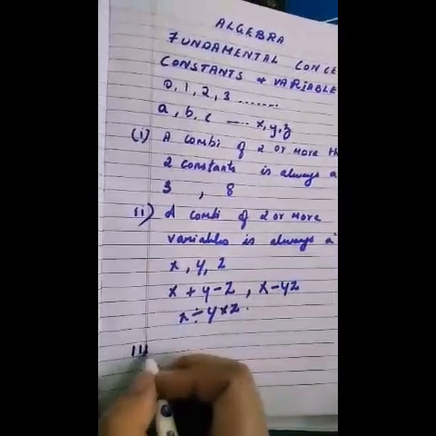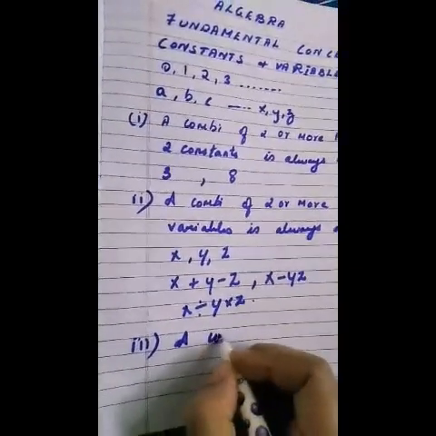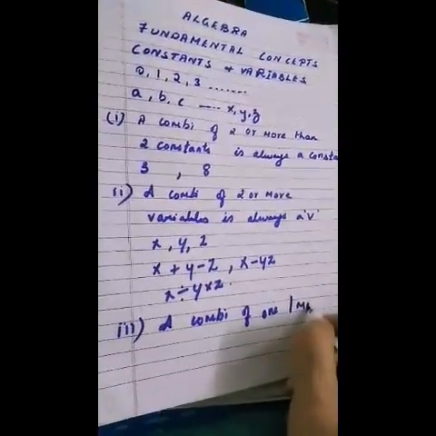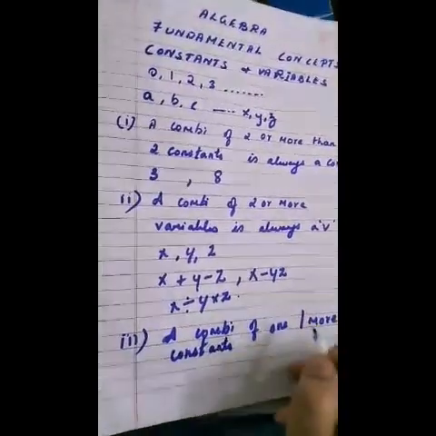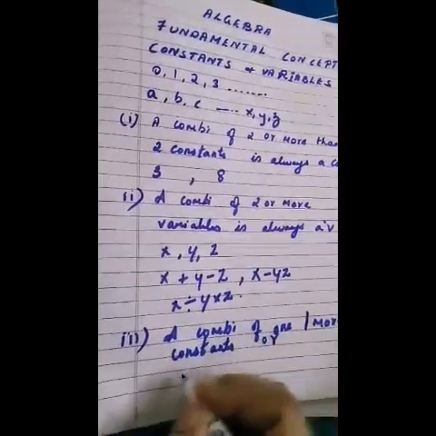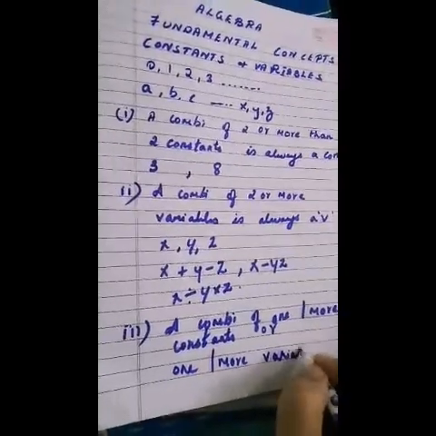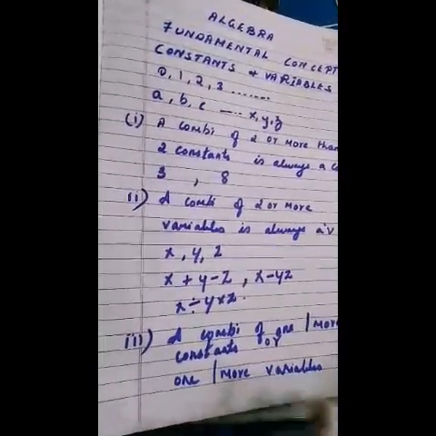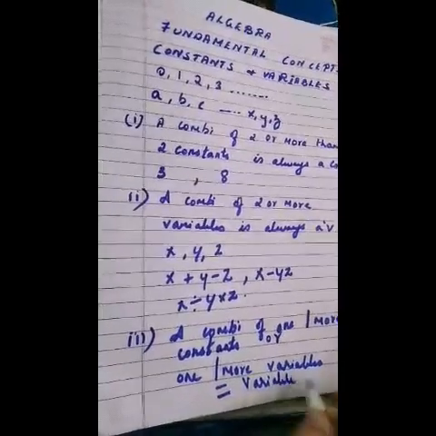Now let's check the third elementary treatment. A combination of one or more constants and one or more variables: the answer that we get is also a variable.